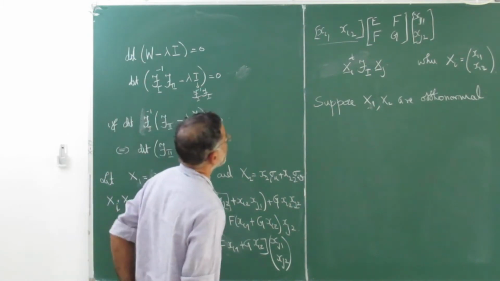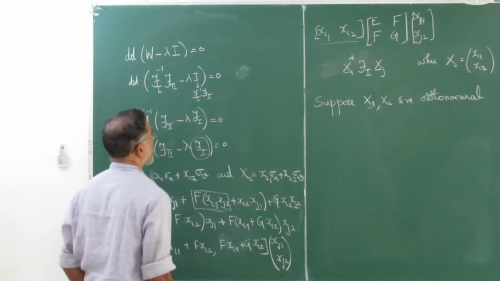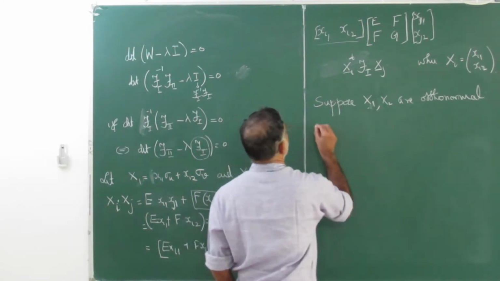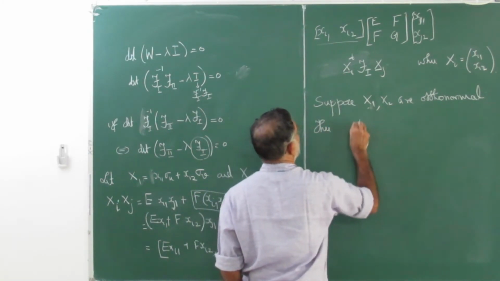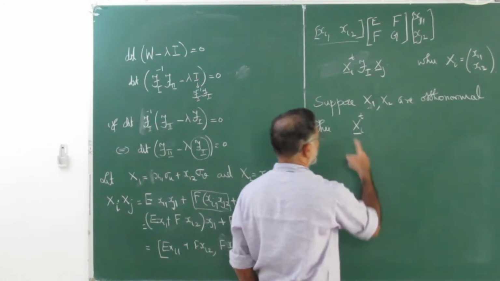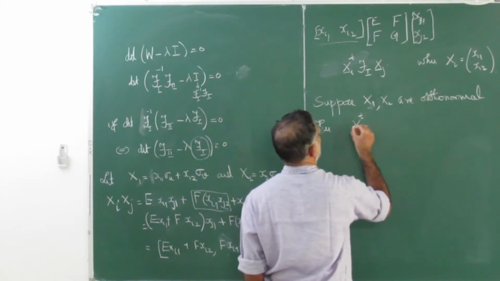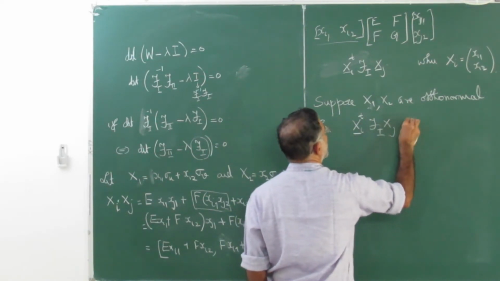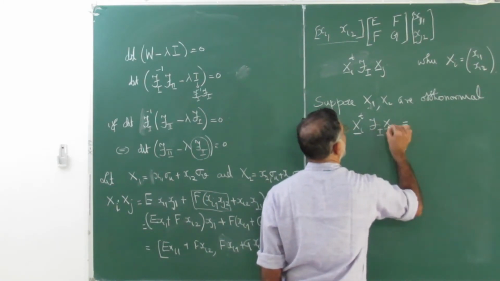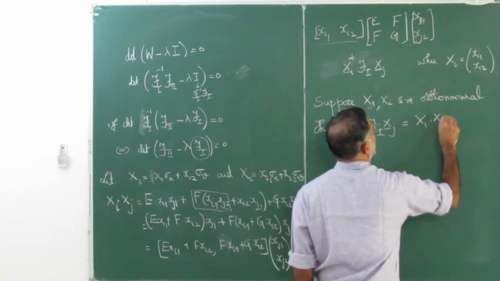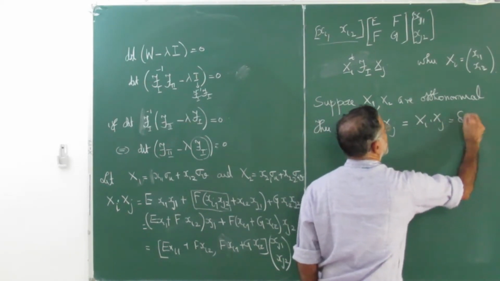Okay. So what will happen? If it is orthonormal, you get into this matrix form, the vector form, or the ordered pair form, and look at this xj. This is equal to xi dot xj, and that's equal to delta ij.